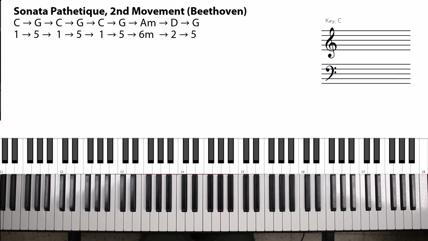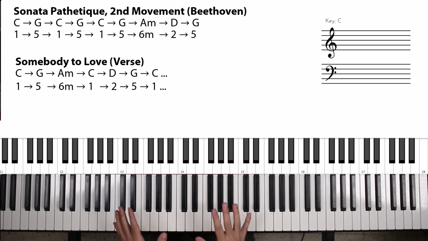And actually it's quite interesting. If you look at the similarities, this is almost one-to-one the progression used at the beginning of Somebody to Love. So if you take the chords that start off the Andante, the second movement of Beethoven's Pathetic Sonata, and you compare it to the beginning of Somebody to Love, you can almost draw a one-to-one correspondence.